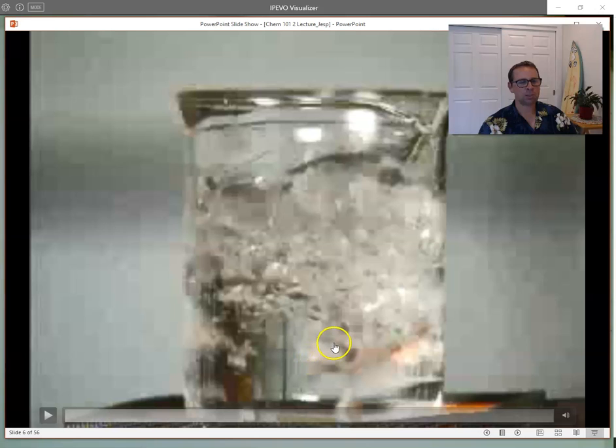So a lot of people are confused into thinking that the bubbles in water vapor or boiling water is oxygen or hydrogen. It's just gaseous water, right? There's lots of things that can be bubbles. Everything can be a bubble as long as you get it hot enough and make it gas, right?